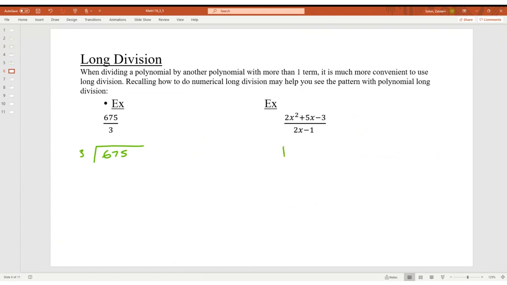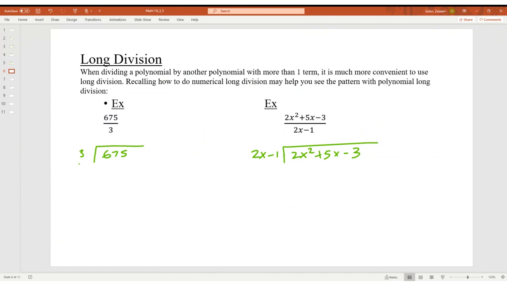The 2x squared plus 5x minus 3 goes inside here, and 2x minus 1 goes outside here. Now, when we do long division with numbers, what you have to do is find how many times 3 goes into 6.